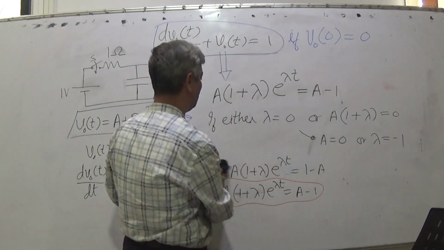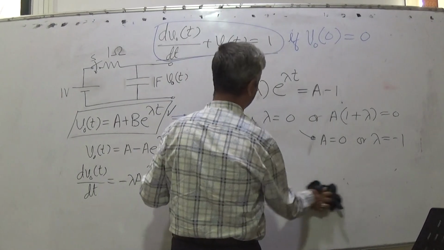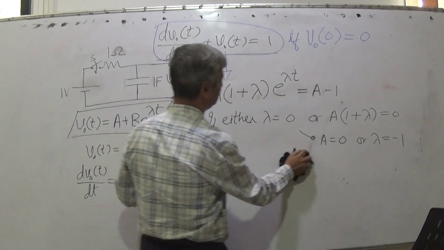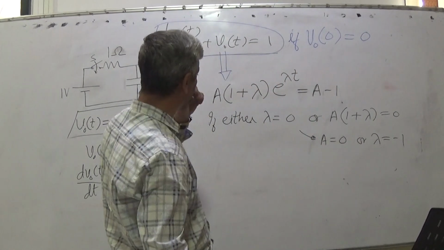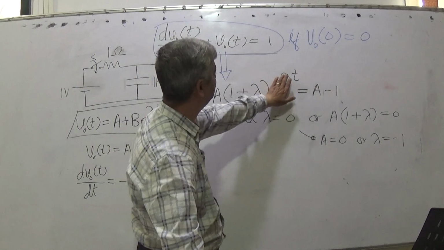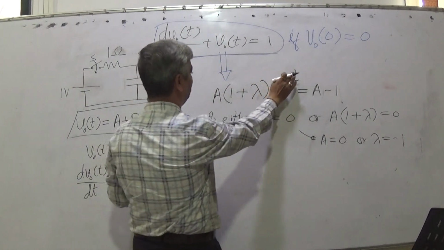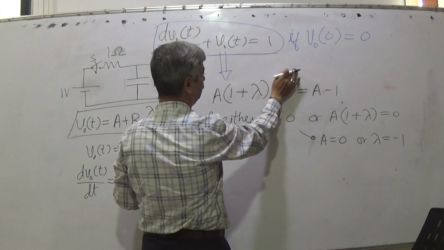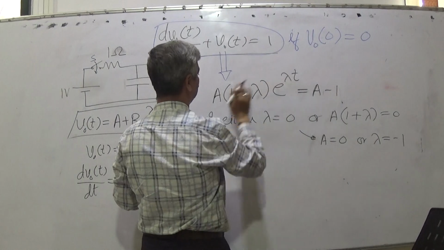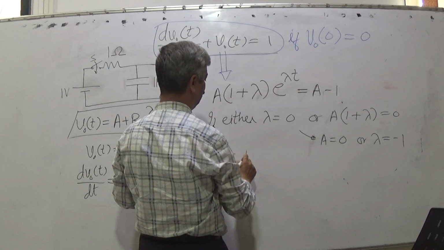Lambda is minus 1. Now you can try for lambda equal to 0. In these three cases there is a possibility. If lambda is 0, this will become 1. We can try all. If lambda is 0, this becomes 1, so a is equal to a minus 1.